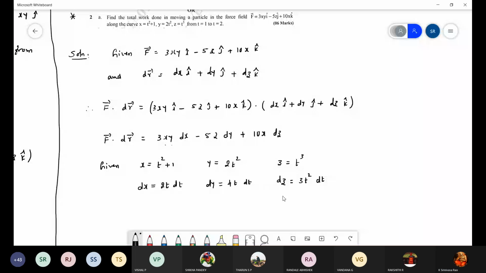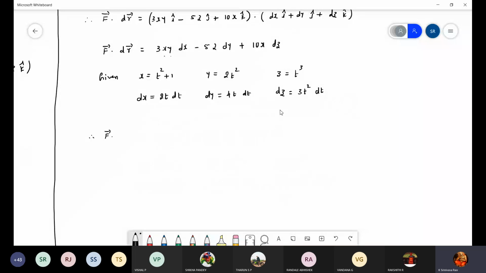What is F dot dr? Therefore, F dot dr equals 3 into x, which is t squared plus 1, and y is 2t squared, dx is 2t dt, minus 5 times z, which is t cubed, dy is 4t dt, plus 10 times x, which is t squared plus 1, and dz is 3t squared dt.